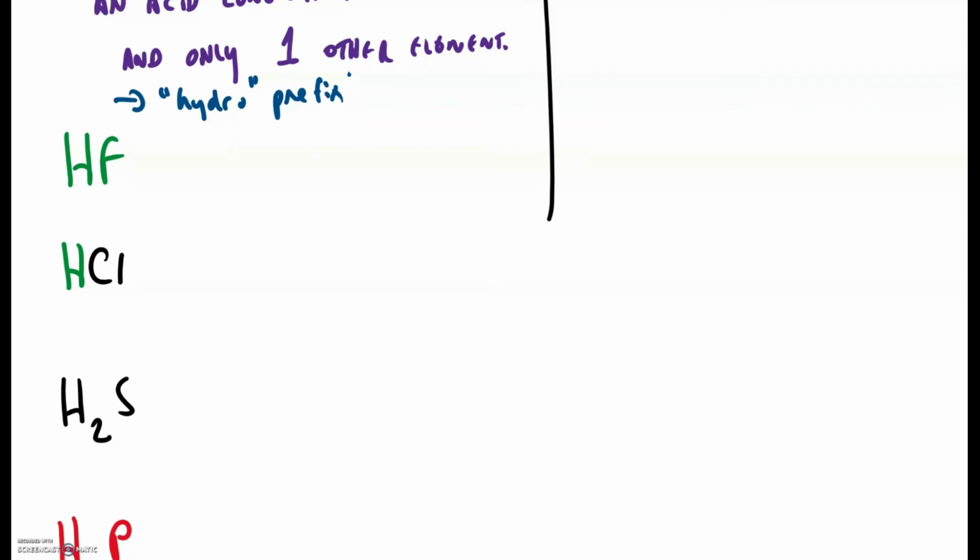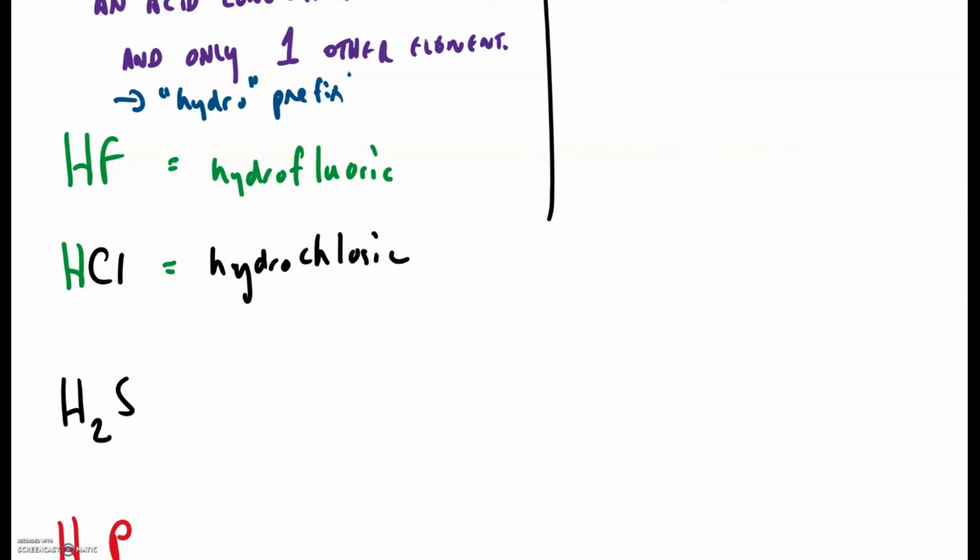So it works like this. If we have hydrogen and only one other element, such as fluorine, we're going to drop the ending and change it to ic. So this would give us hydrofluoric acid. Okay? If we were going to do the same thing with HCl, we're going to drop the chlorine and change it to ic. So this would give us hydrochloric. Notice that these all have this hydro prefix.